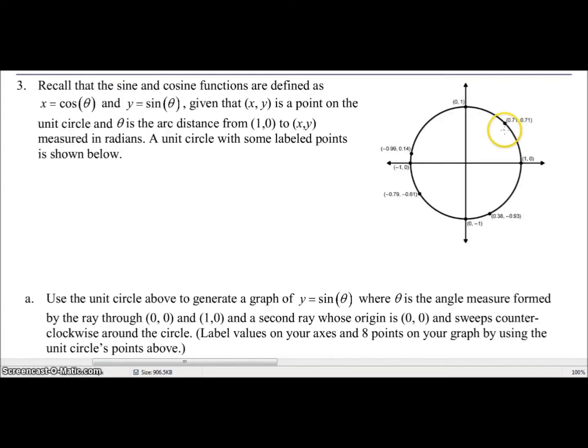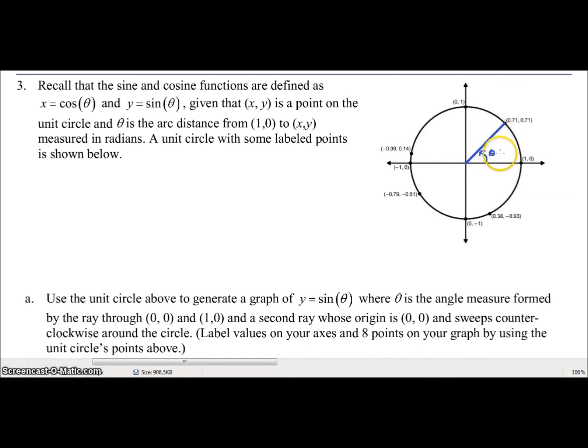So let's make sense of this with this first point here. Essentially, we're looking at the angle that starts at this ray, the one through (0, 0) and (1, 0), and moves to this terminal ray. This terminal ray is the one that goes through (0, 0) and through this point here.